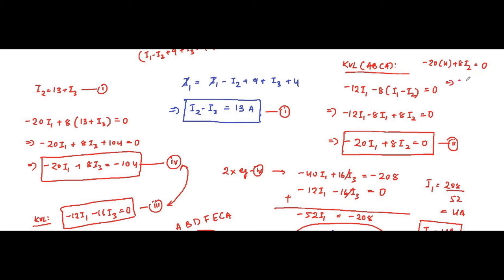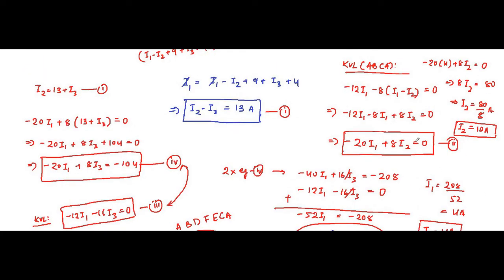That implies 8 I2 is equal to 80, so I2 is equal to 80 by 8, which is equal to 10 ampere. So we have got I2.